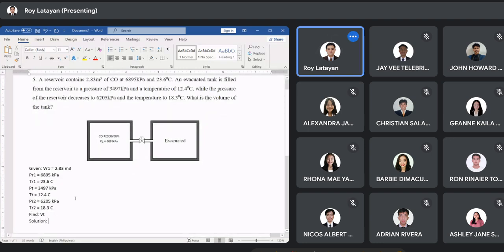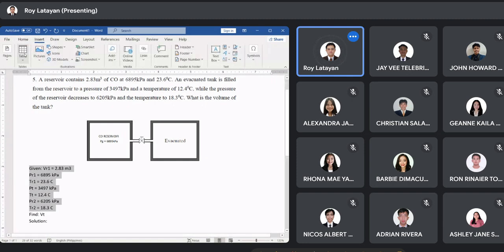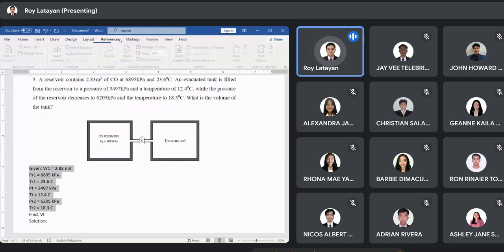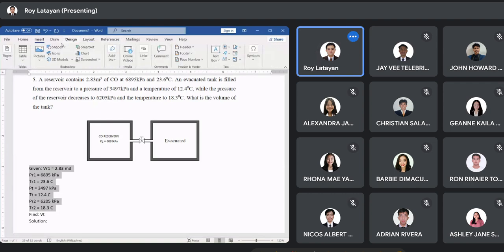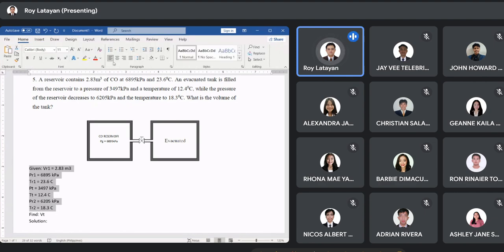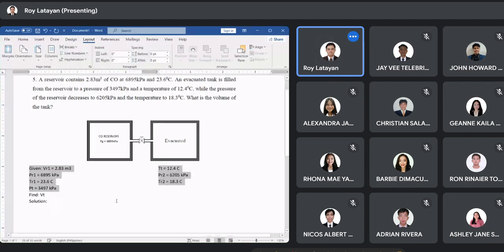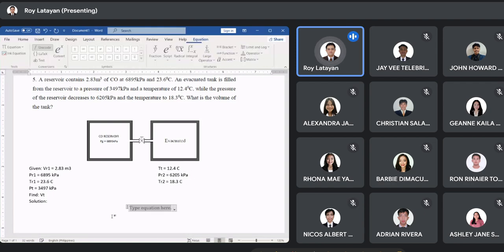So solution natin, ang titingnan nyo kalimitan is either kung ano yung given natin, o kaya ang pinakamaganda pa lang magsimula lagi sa solution is ano yung hinahanap sa problem. So for our problem, ang hinahanap is volume ng tank.